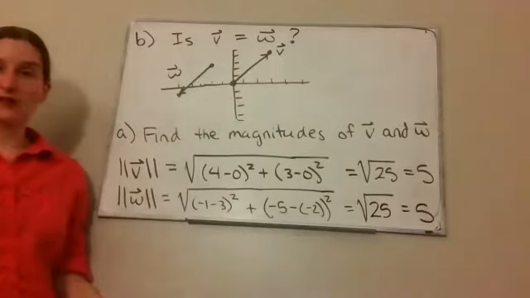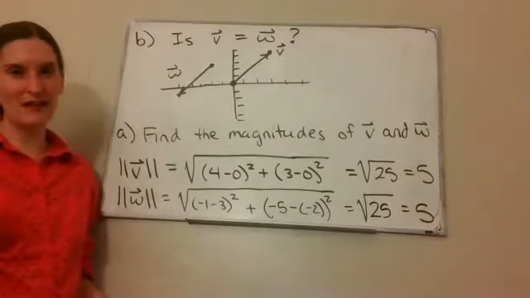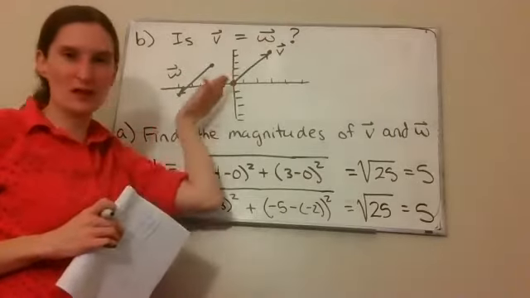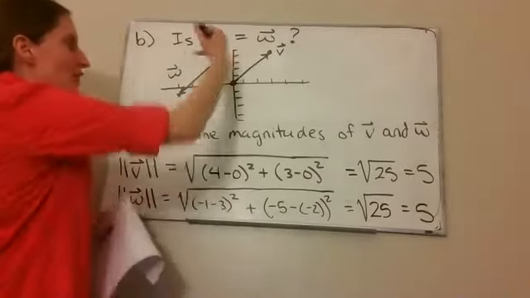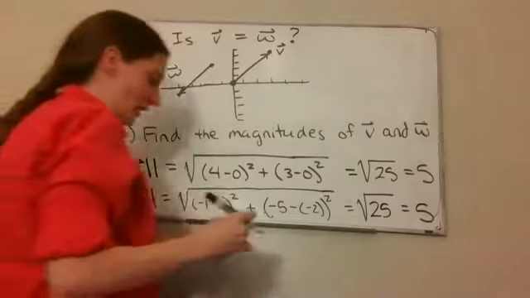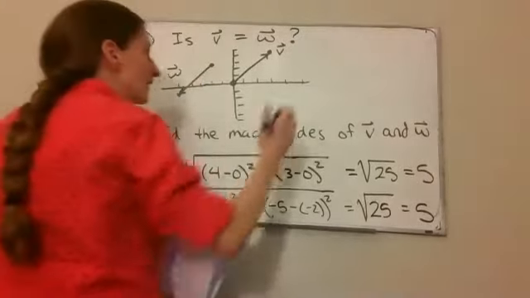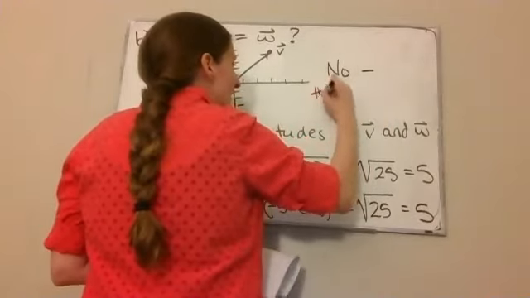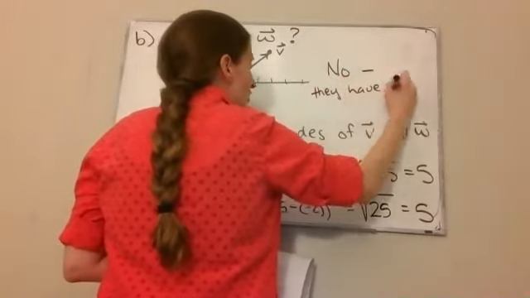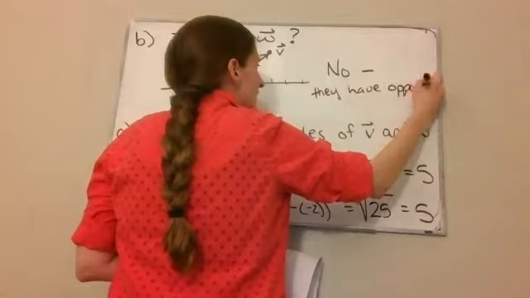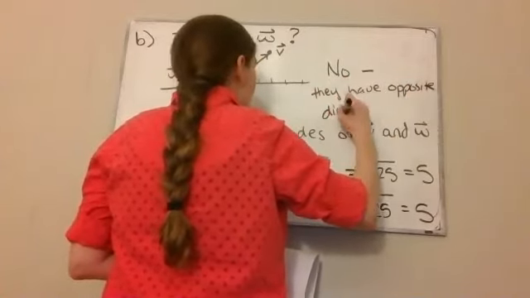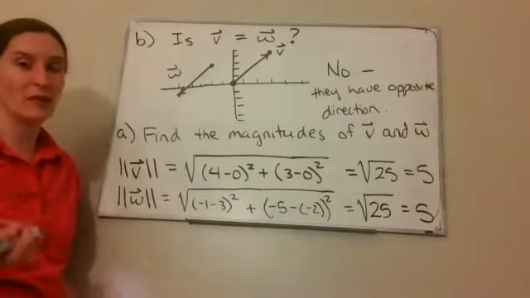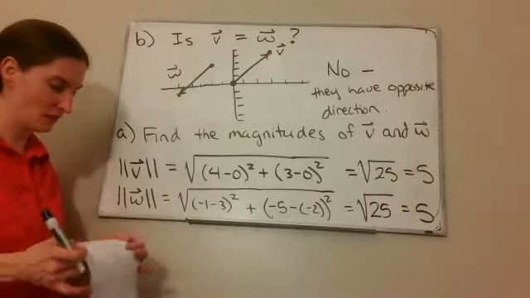So I can see just from sketching them very roughly, they're not equal vectors because vector v is going in this direction up to the right, and vector w is going down to the left. They're going in opposite directions. So no, they are not equal. They have opposite direction. So even though the magnitudes are equal, the vectors themselves are not equal because they're going in opposite directions.